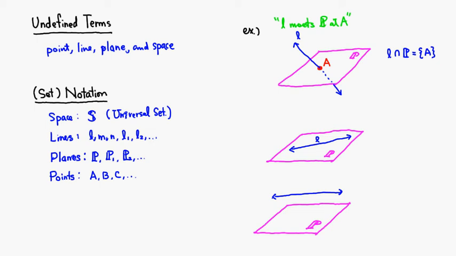And also, let's say something like line l lies on the plane P. We can use a set notation, so we can say l is a subset of the plane P. And the last one, we can say line l is parallel to plane P. We can say that the intersection of the line l and plane P is going to be an empty set.